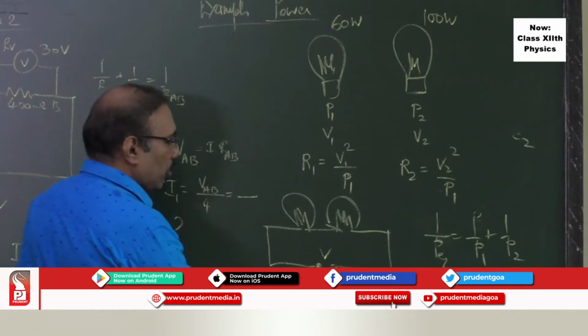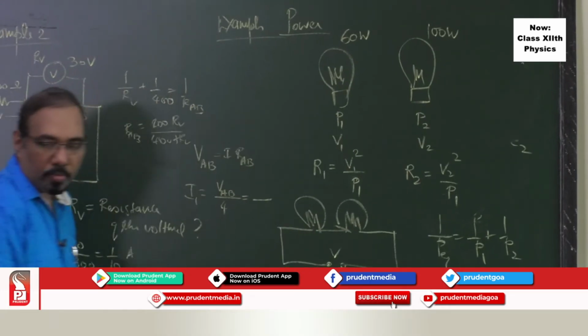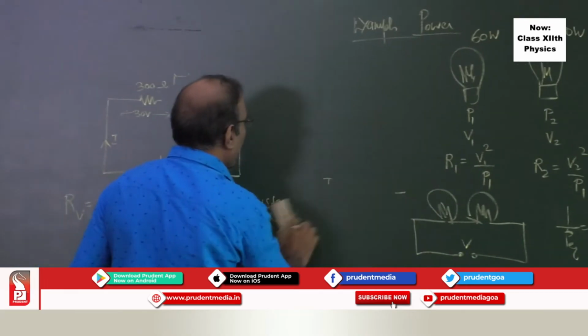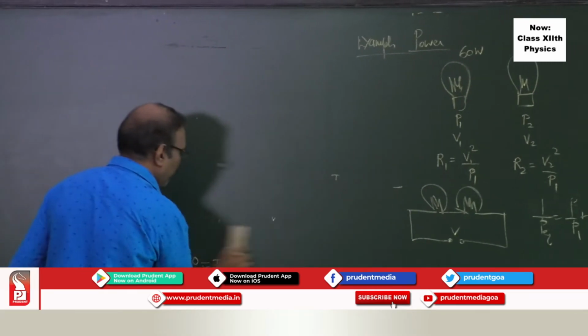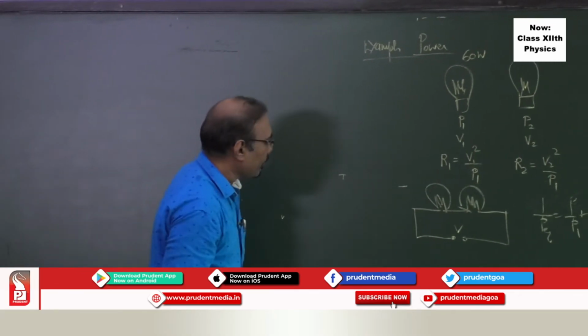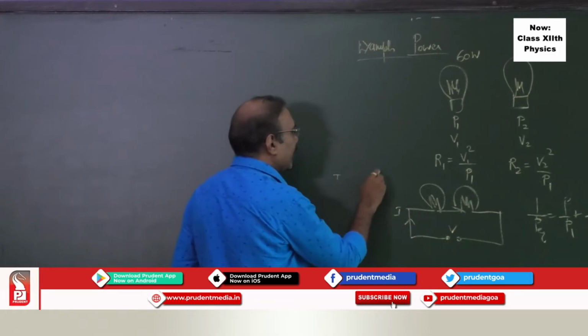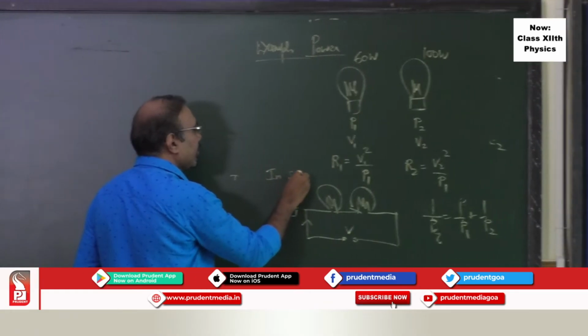Then, suppose you are asked to find out heat generated in this bulb. How to find out heat generated? First, this is sending the common current because the two bulbs are in series.